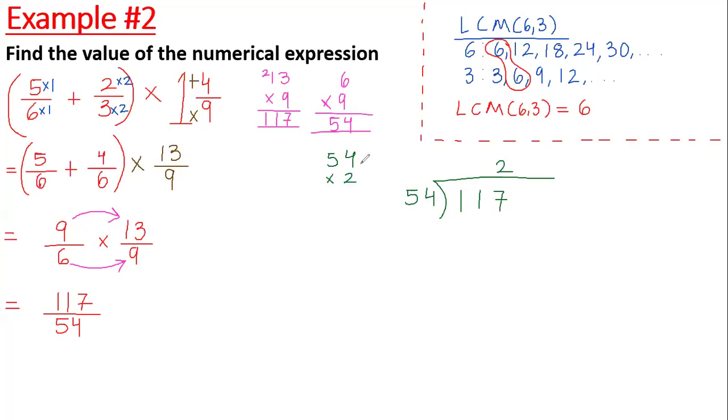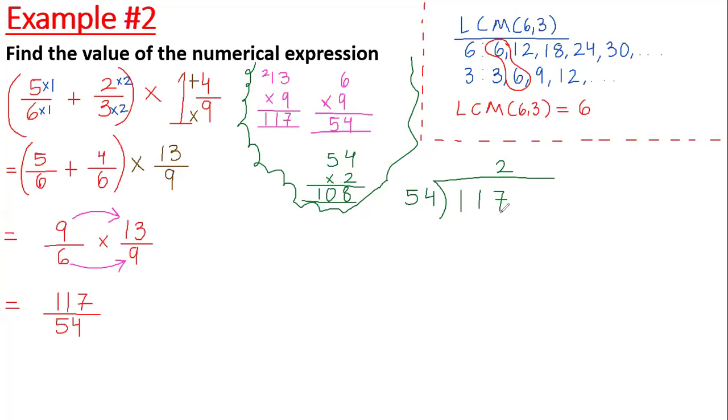Let me do this like a thought bubble. 2 times 4 is 8, and 2 times 5 is 10. Very good.